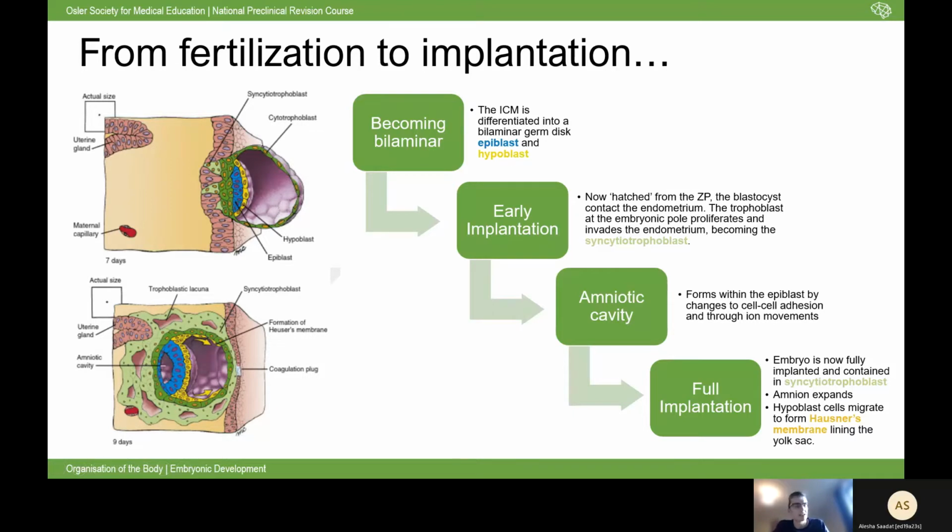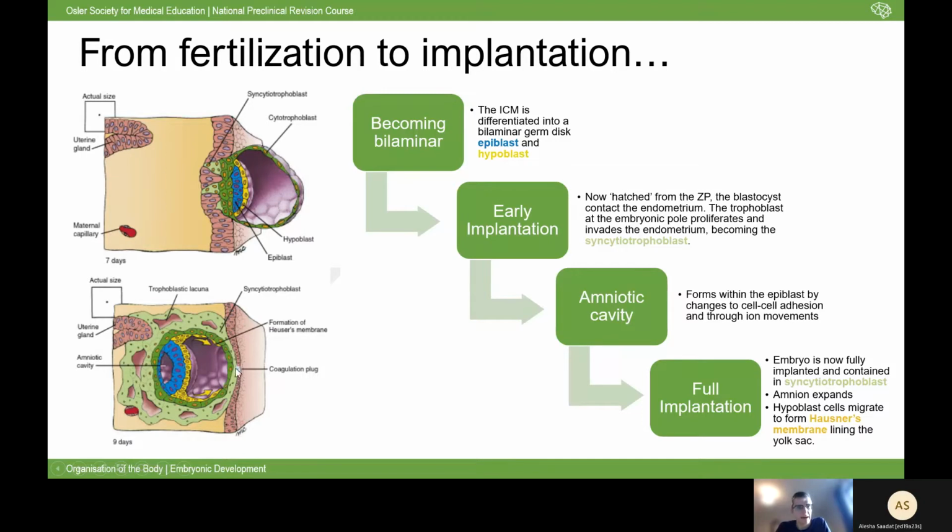Well, we're getting changes to the way cells stick together, and they secrete ions into the lumen, and fluid follows ions, and that's how you get this expanding water-filled cavity within the middle of your embryo. And by the time the amnion forms and expands, the embryo is now fully implanted into the endometrium. We're getting some processes going on concomitant with the formation of a placenta, so that's these lacunae forming, and contributions from the uterus and the endometrium itself.